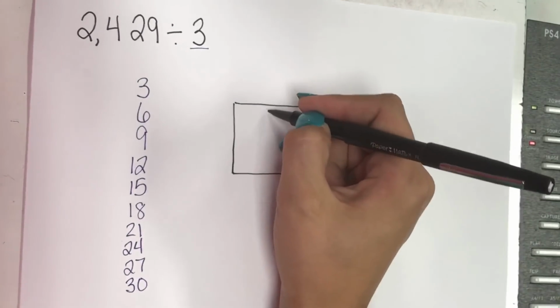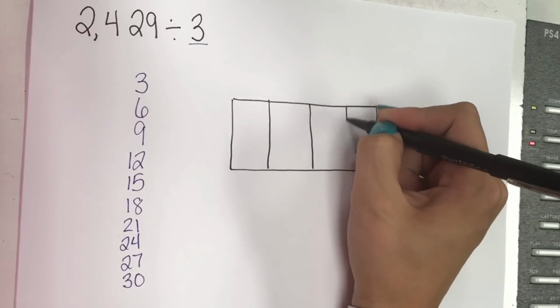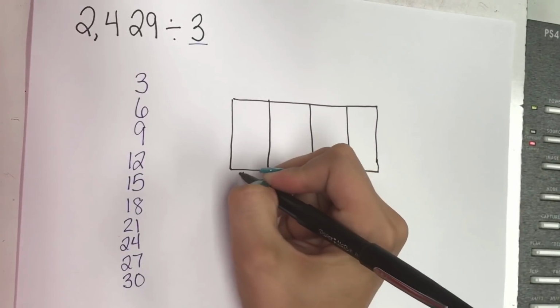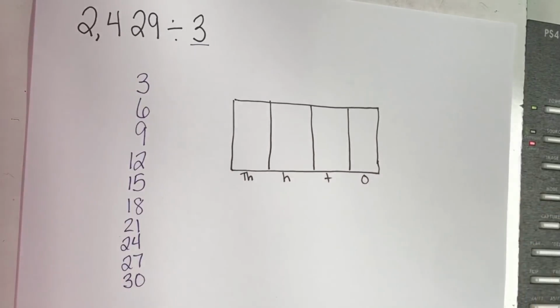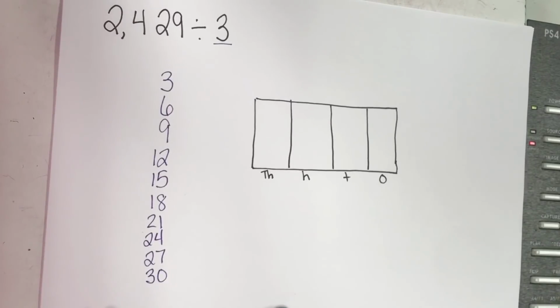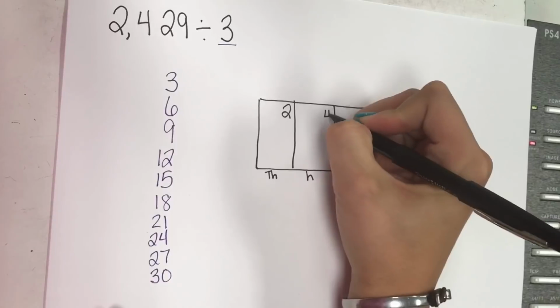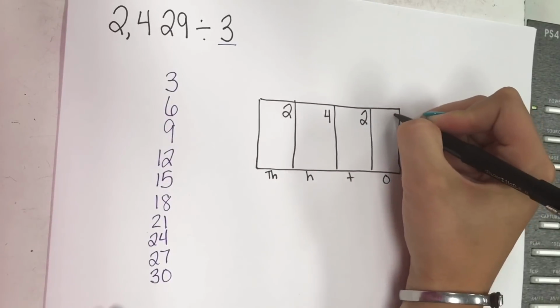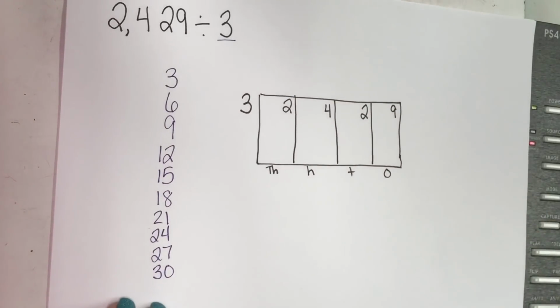So I'm going to go ahead and make my box and make it be my place value chart. I do want you to practice writing thousands, hundreds, tens, ones, just so you kind of remember what that is to help you. So I have 2 thousands, 4 hundreds, 2 tens, 9 ones, and I'm dividing by 3.